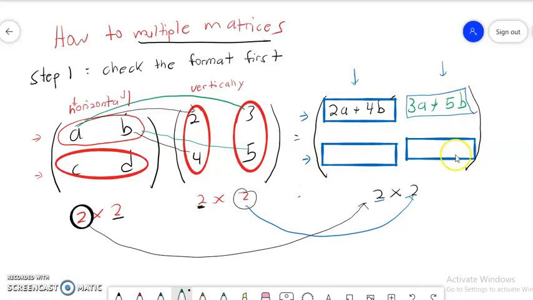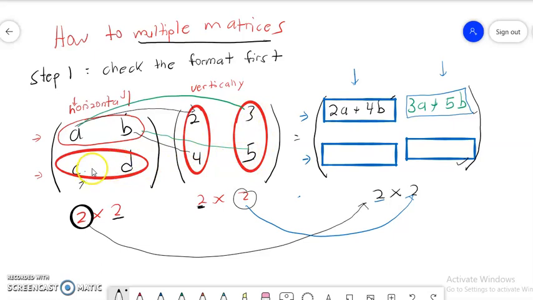Now when you are answering the lower part of the matrix, you have to take the second horizontal, this one. To answer the last box over here, we take C, D, and 3 and 5.